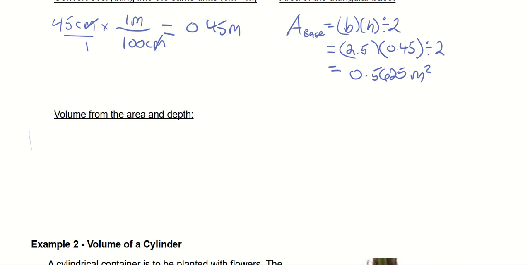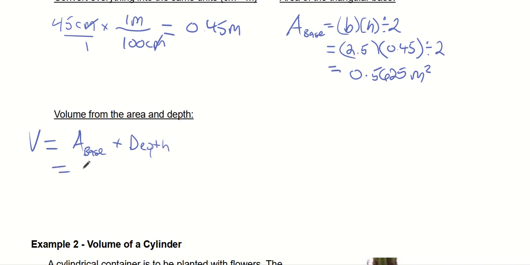So basically the volume, and I don't have to put any subscript because we know there's only one volume. You can put ramp if you want, but in this case you don't have to because we know already. So area of the base multiplied by the depth. I'm going to say depth.